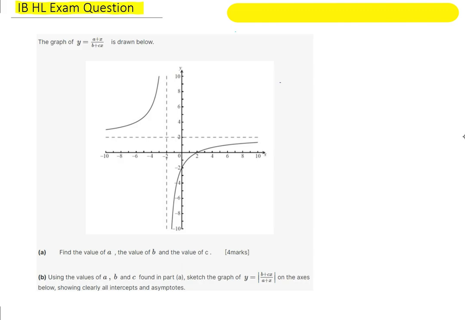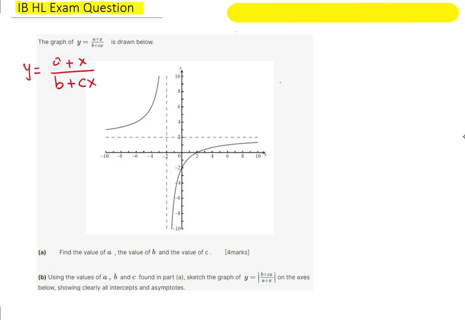The very first part here is to get the equation of the rational function shown, in the form y equals (a plus x) over (b plus cx).